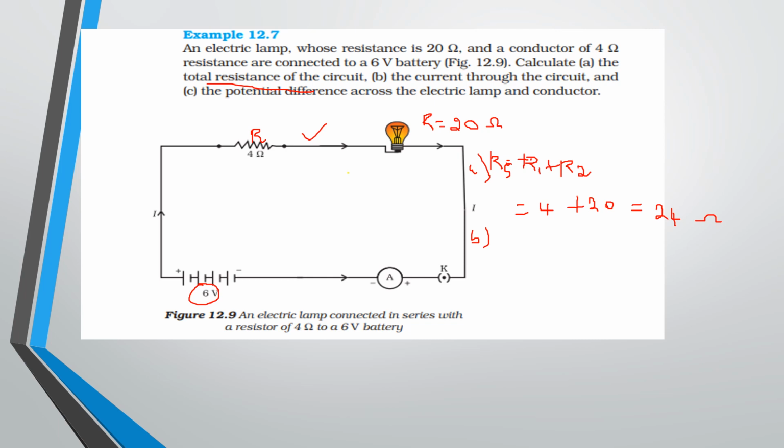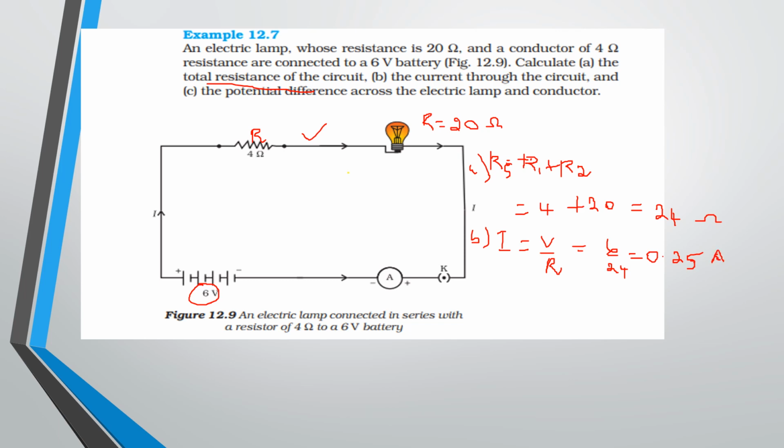I is equal to V by R, since V is equal to IR. So I is equal to 6 divided by 24 ohm, and you will get 0.25 ampere. That is constant throughout the circuit.